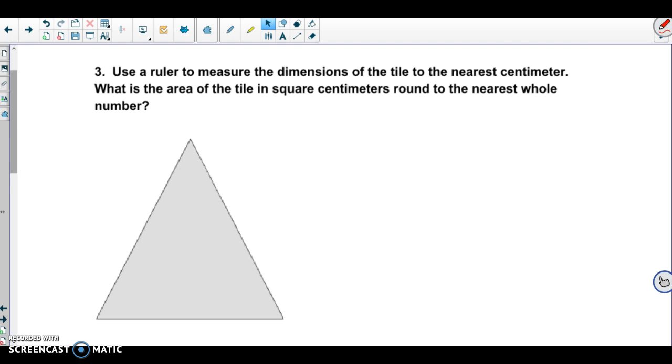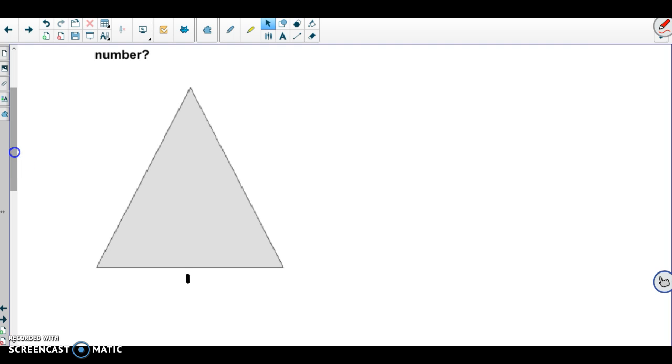I'm going to have to measure my base, which is down here, and I have to measure the height, which I can put right in here, and if I use an index card, I make sure it's nice and straight so that we form that 90 degree. And so when I do that, I can end up with the values that I need.